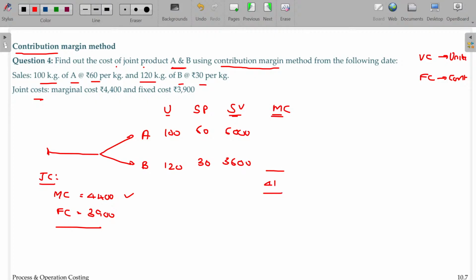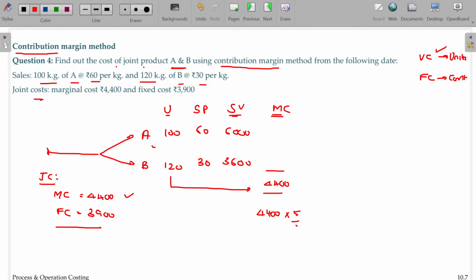Marginal cost 4,400 can be segregated using the units, 100 and 120, so 5 by 6.